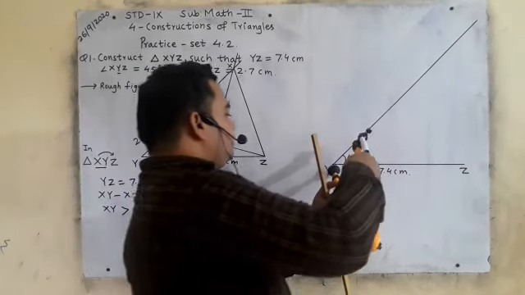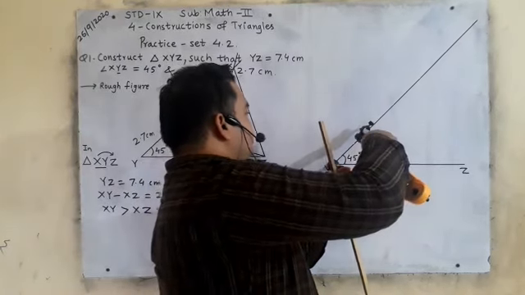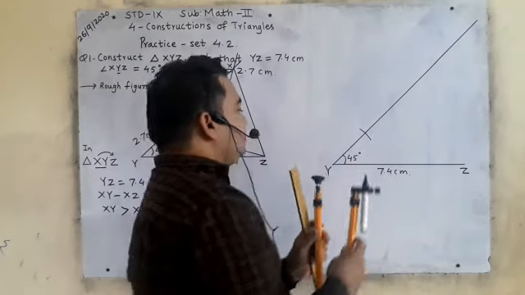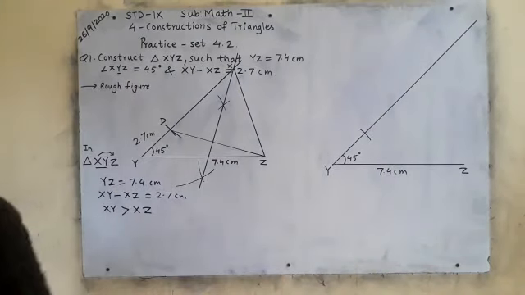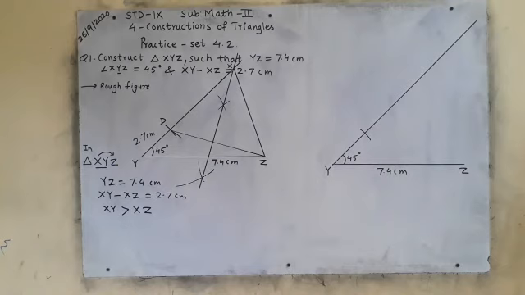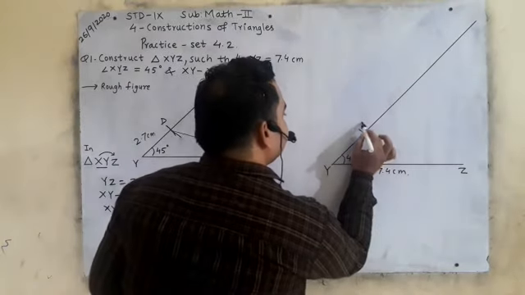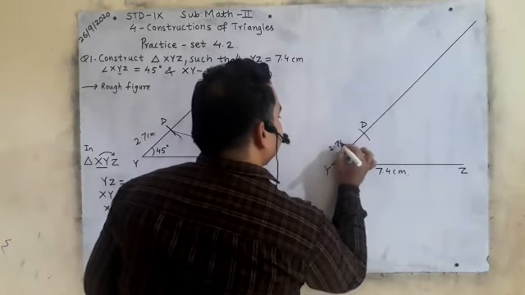Okay, I will take 2.7 from here. Arc, I will give the name D over there. I will give point D, that is 2.7 centimeter.